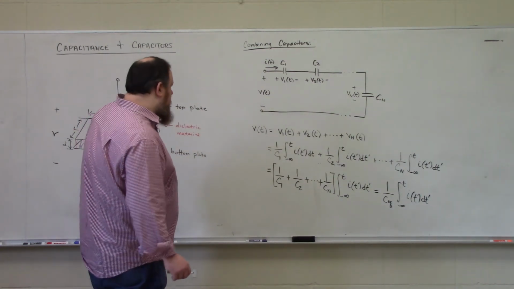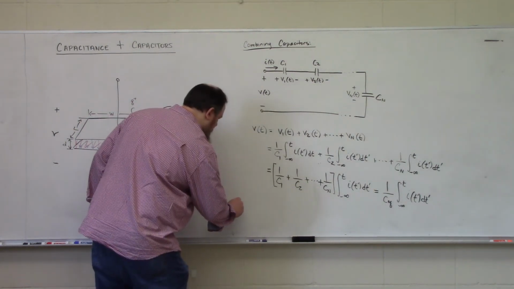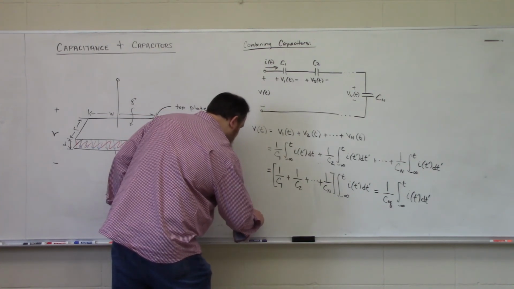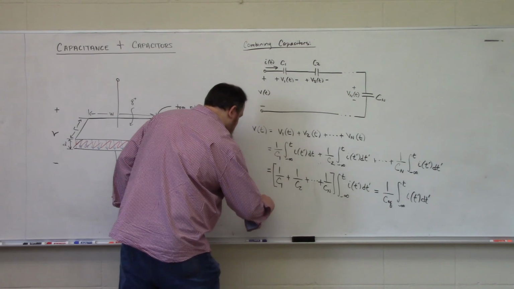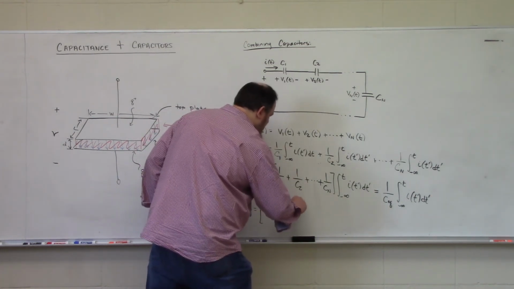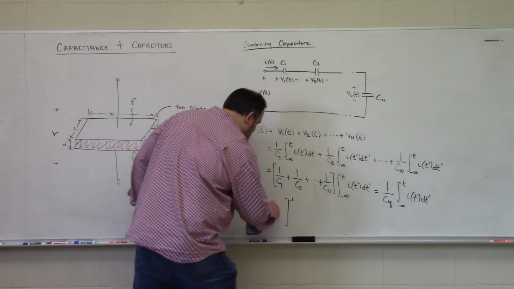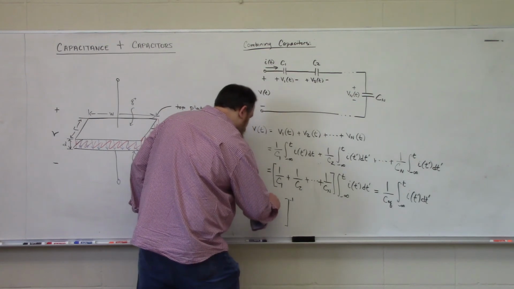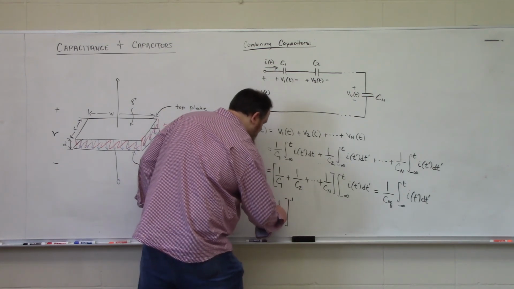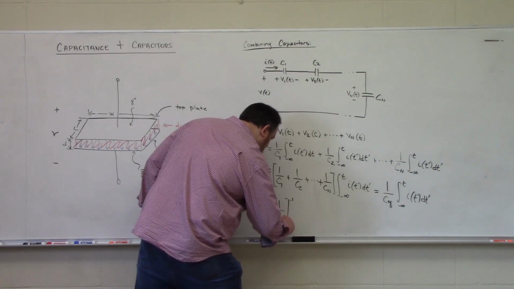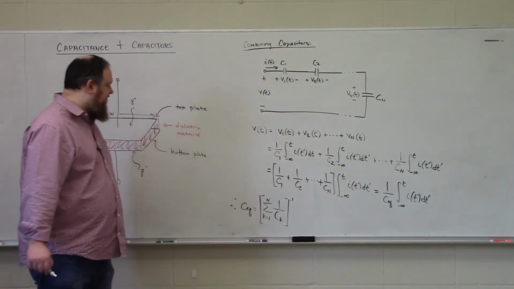So from this, we can see that our equivalent capacitance is the inverse of the sum from k equal to 1 to n of the reciprocals of our capacitance values.